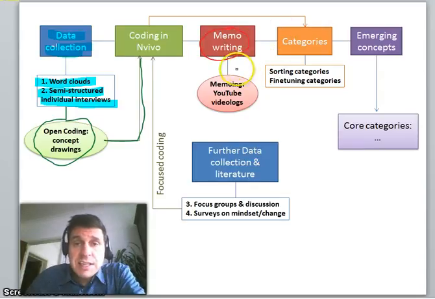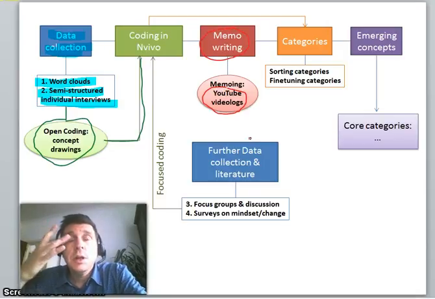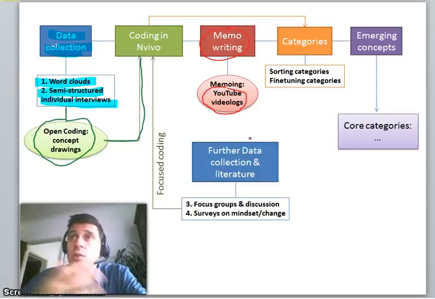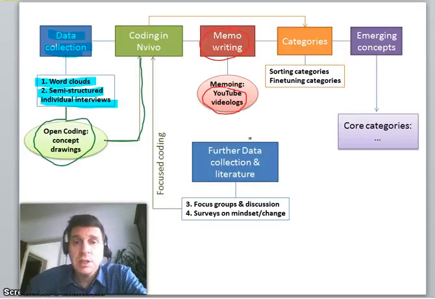That process of memo writing I've done through YouTube video logs, which you will find in the other section of this blog. The YouTube video logs made it really flexible to think about the process of memoing, very situational, ubiquitous. Whenever I was taking a walk or talking to colleagues, I was able to capture my notes.